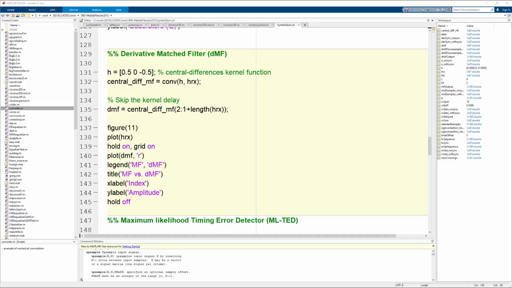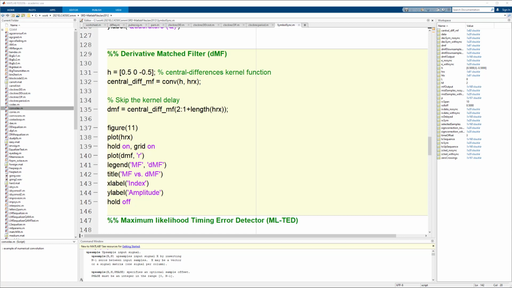In the Matlab program, on line 131, the central difference filter is h equal to 0.5, 0, and negative 0.5. Then we convolve this filter with the square root raised cosine, and that gives me a central difference matched filter.